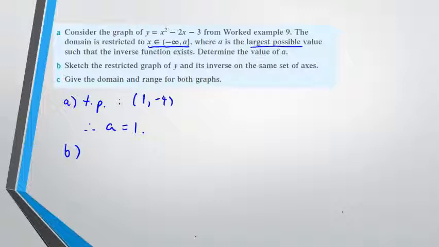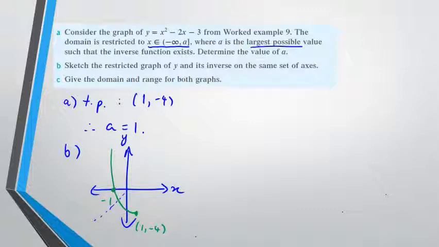Now when you have a restricted graph, it then becomes 1 to 1. Because it's 1 to 1, you can now find your function of the inverse. So there's your original. Use the y equals x line, and then reflect it.